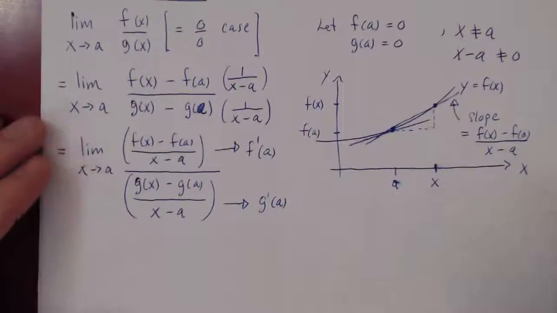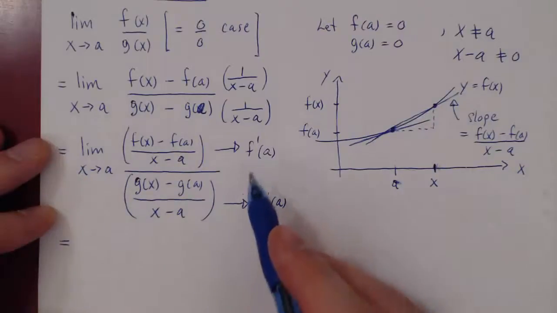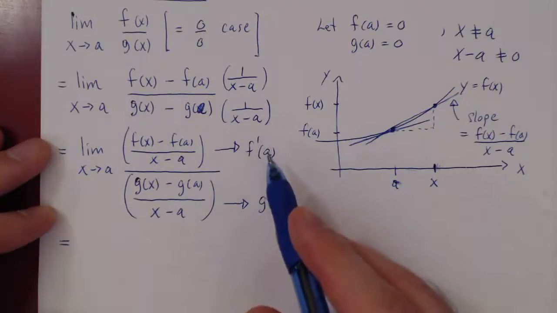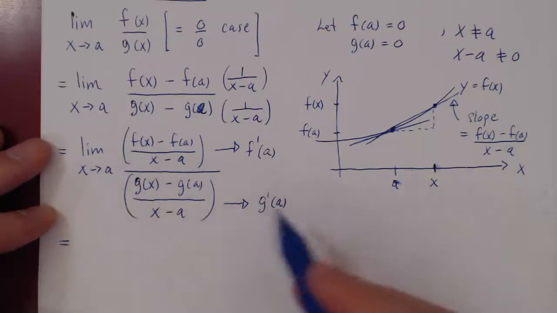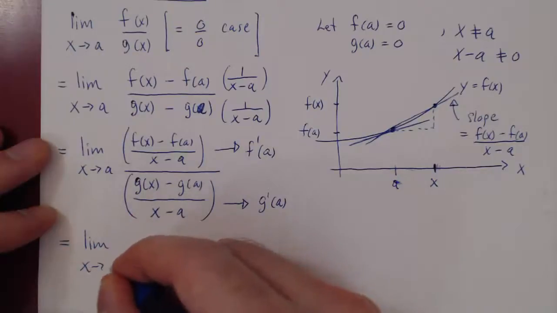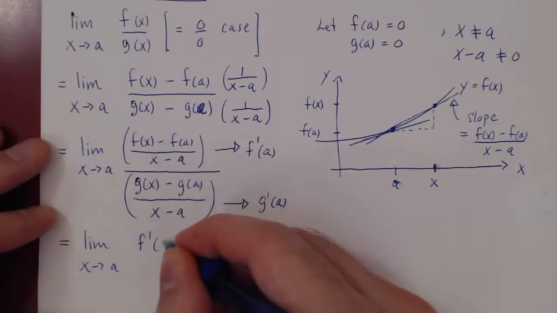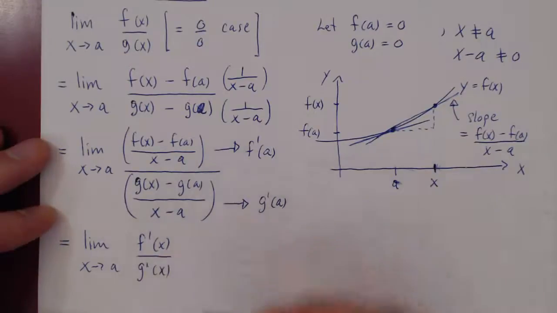And so in the end, we can write this as simply as, well, what do we have here? We have f prime of x, as x approaches a, and g prime of x, as x approaches a. So we simply have the limit as x approaches a of f prime of x over g prime of x.